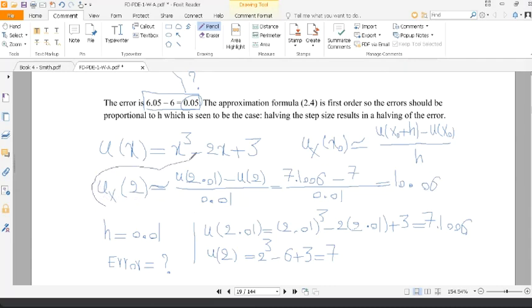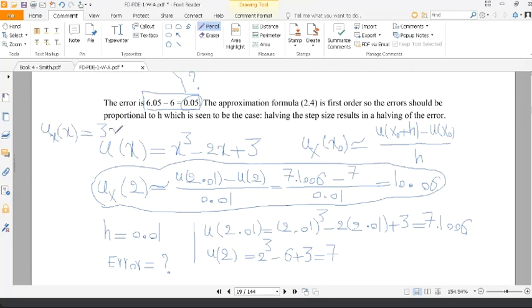Is it the approximate solution for u_x at 2? What about the exact solution of u_x at 2? When u is x^3 minus 2x plus 3, the exact derivative of u with respect to x is 3x^2 minus 2.